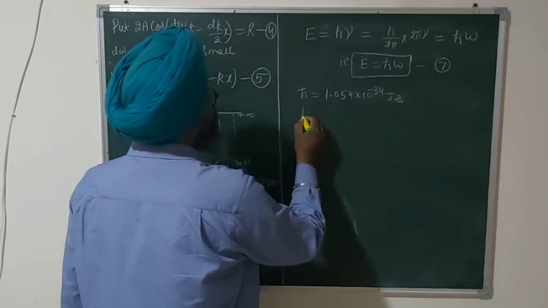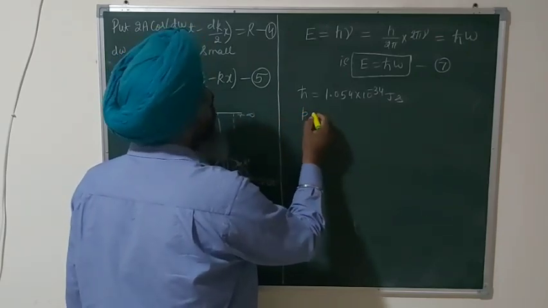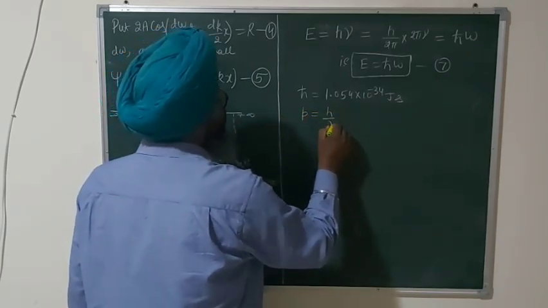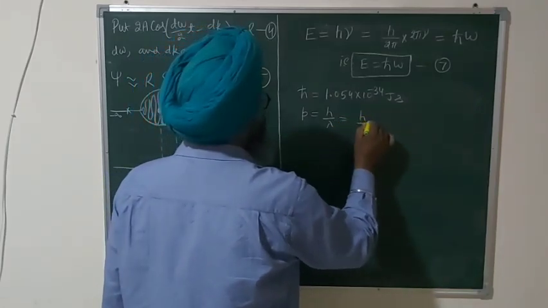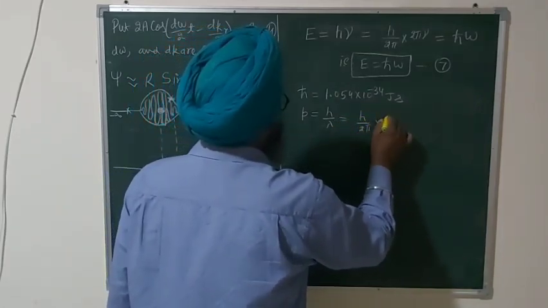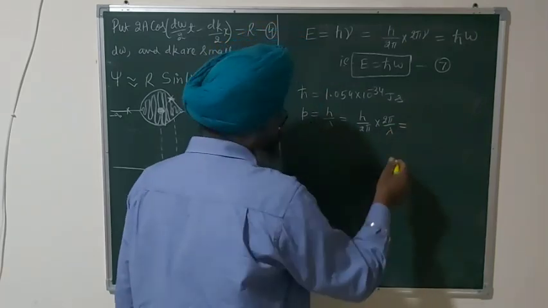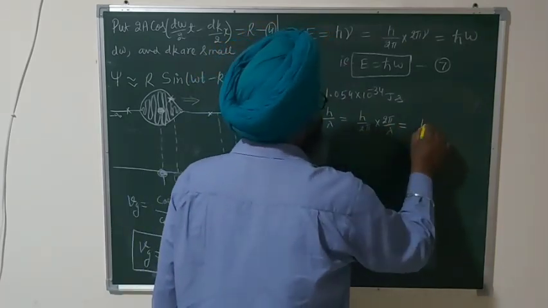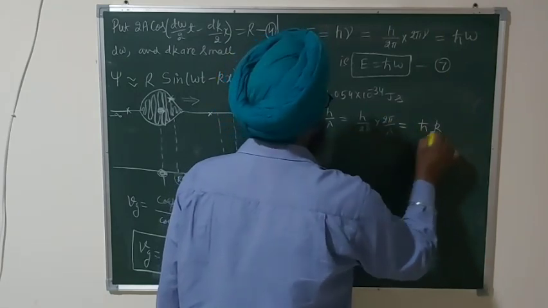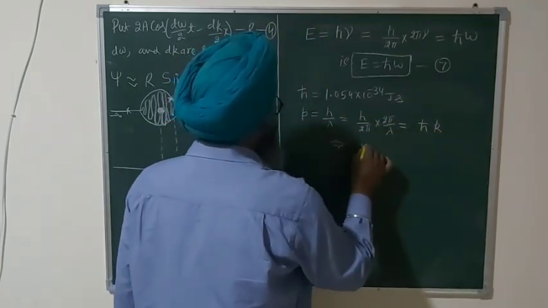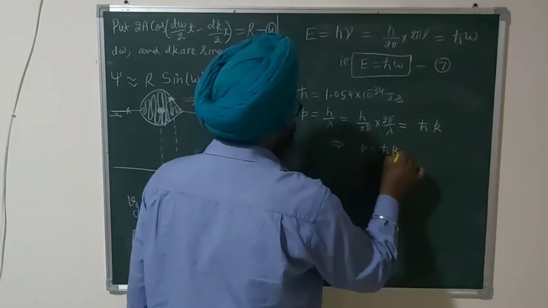Similarly, according to the de Broglie formula, which we already know, P is equal to h by lambda. I can write this equation as h upon 2 pi multiplied by 2 pi by lambda, which is h cross times k, that is P is equal to h cross k.